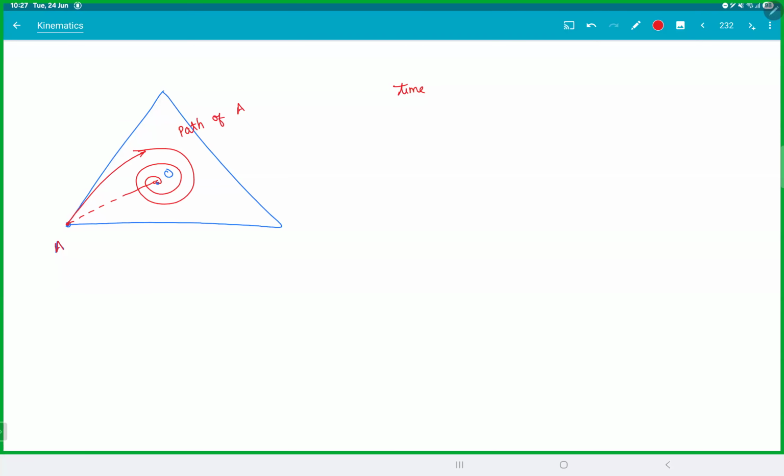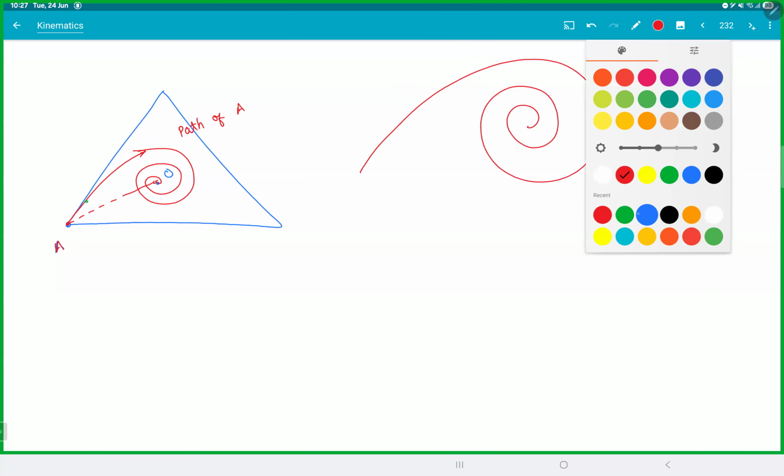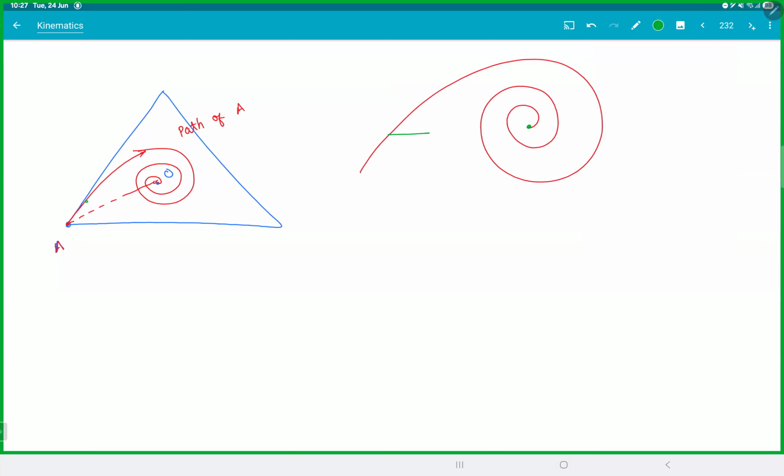This is the path of A. And you will notice at every instant, the velocity toward the center, this is your centroid, is u cos 30, meaning no matter how much you rotate, the velocity is u cos 30. So we are always going towards the center with u cos 30.